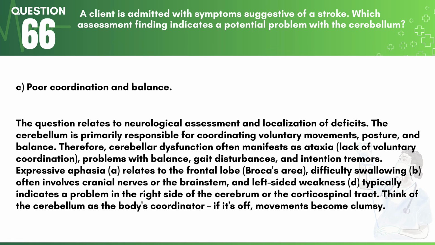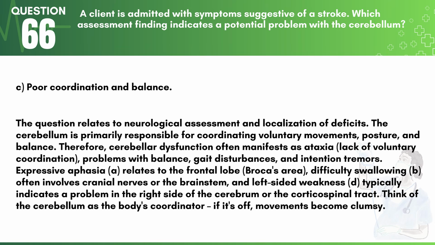The question relates to neurological assessment and localization of deficits. The cerebellum is primarily responsible for coordinating voluntary movements, posture, and balance. Therefore, cerebellar dysfunction often manifests as ataxia, lack of voluntary coordination, problems with balance, gait disturbances, and intention tremors.